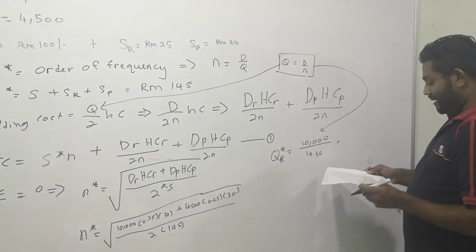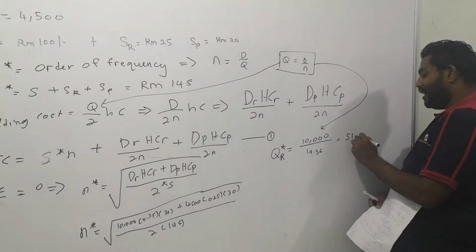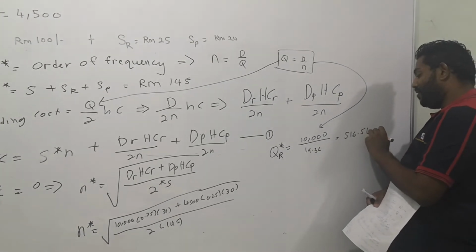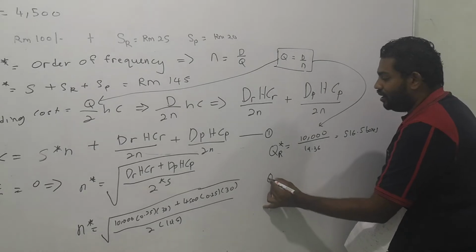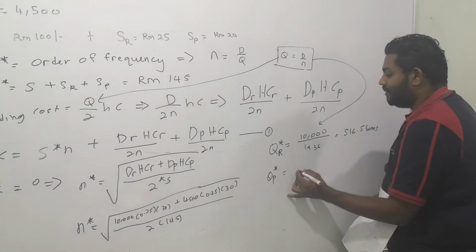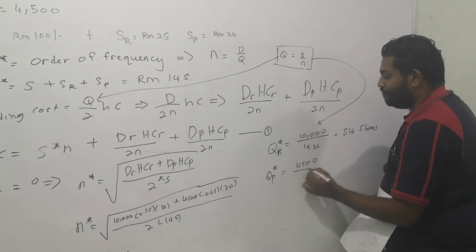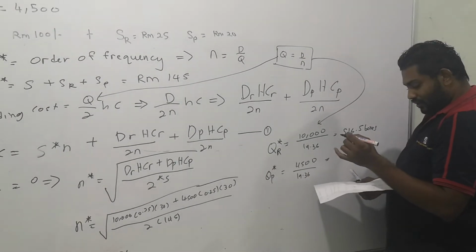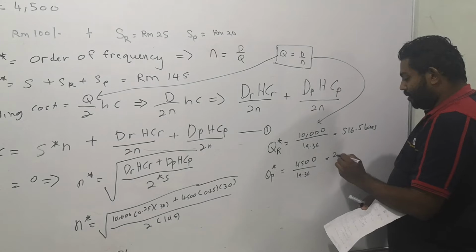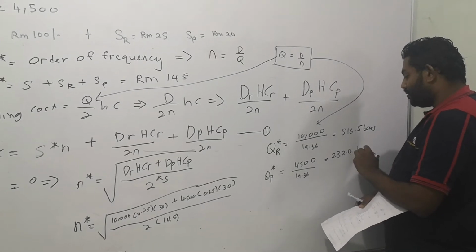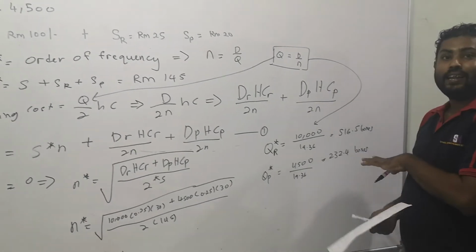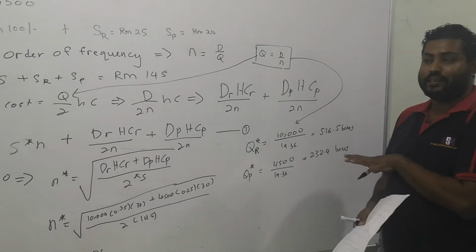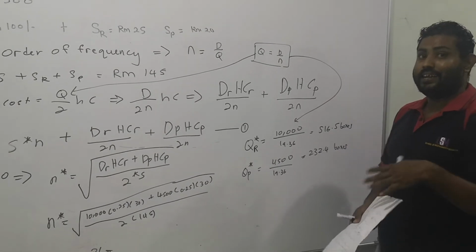So what I will get is 516.5 boxes. While for QP, what I get is 4,500 divided by 19.36, which is equivalent to 232.4 boxes. This is what I'm getting using my calculator. If anything is wrong, just let me know in our chat in Teams.